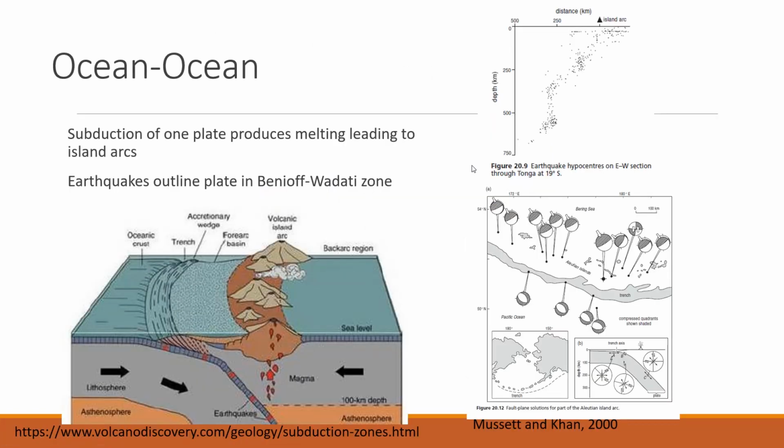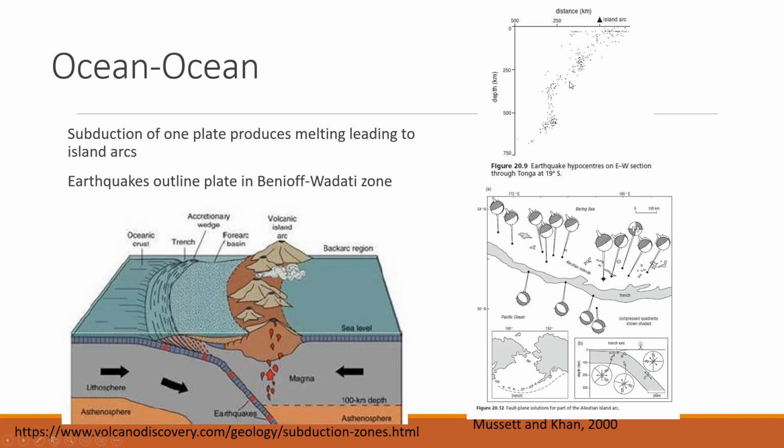In ocean-ocean subduction, one plate subducting will produce melting, and that leads to island arcs of volcanoes. The earthquakes outline the downgoing plate in what's called a Benioff-Wadati or Wadati-Benioff zone. It's listed both ways.